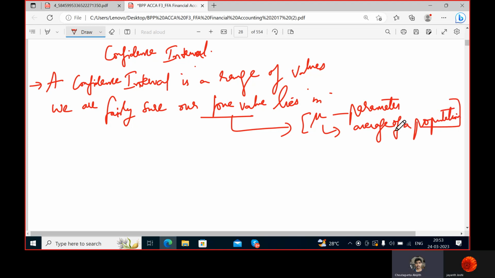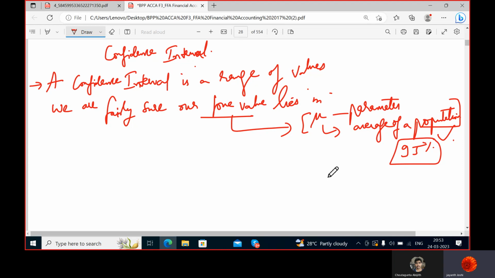It tells you about the average of some population data, whatever you have taken. So confidence interval is the range of values we are fairly sure your mean lies in. Here with fairly sure we mean 95% we are sure, let's say. That's the reason why we say 95% we are confident that our mean lies in this particular range. So the range in which your parameter lies, your point estimate lies.